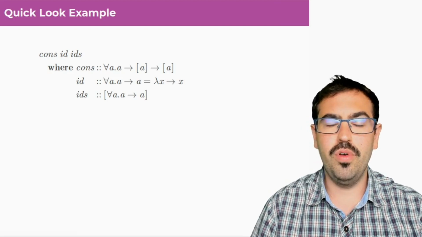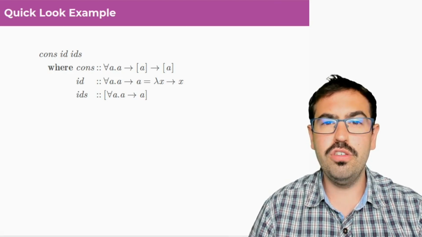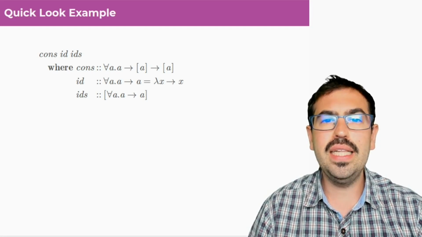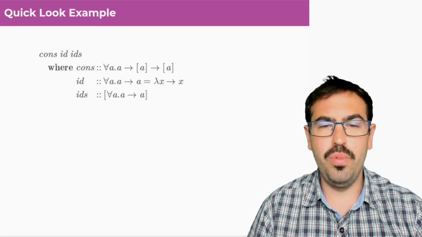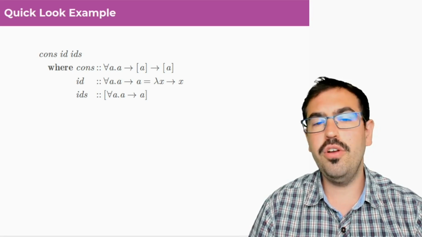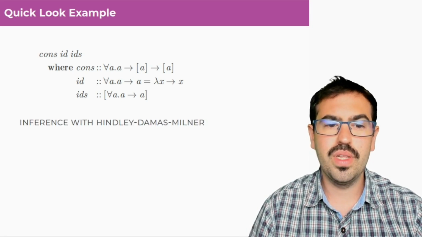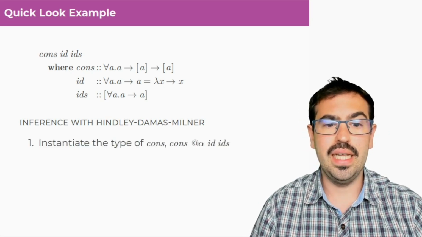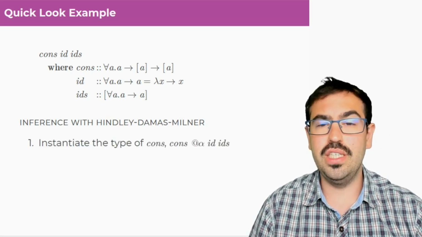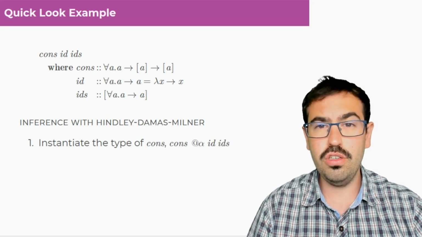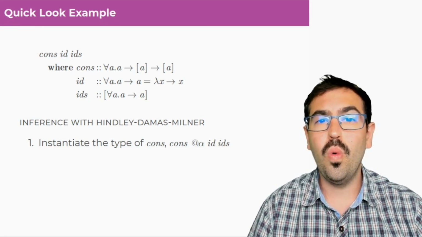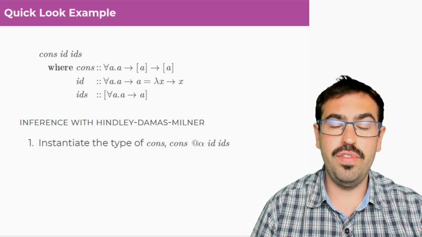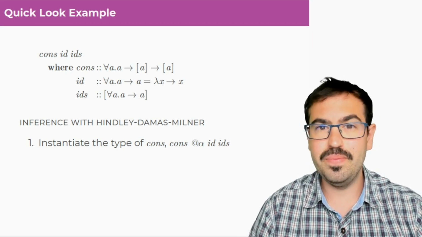Let me show you an example. For example, I have here cons, ID, IDs, where instead of using ID directly, I'm putting this into a local binding, but here you can see all the types. If you do inference with Hindley-Damas-Milner, what will happen is that you instantiate the type of cons and you are introducing cons applied to one type variable you don't know. I'm going to call it alpha here, and then you have the arguments ID and IDs.